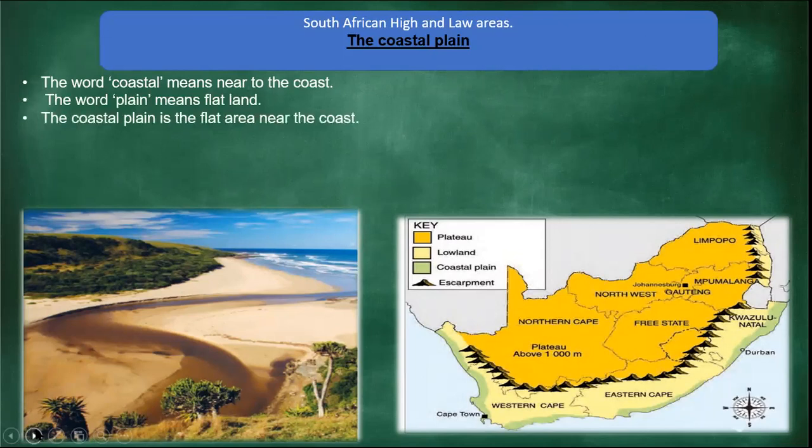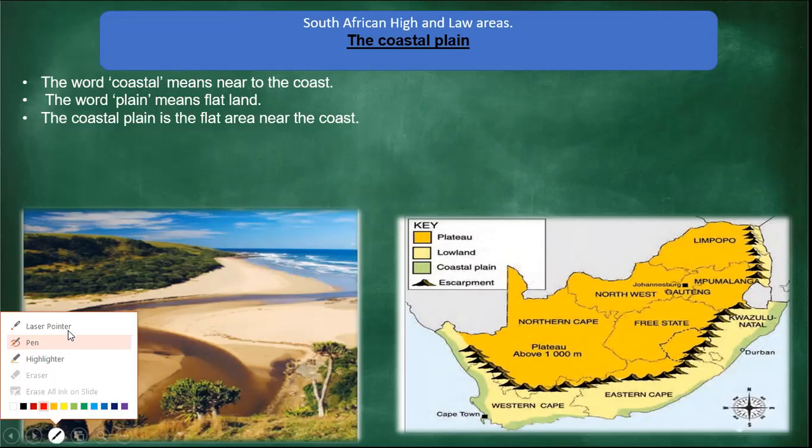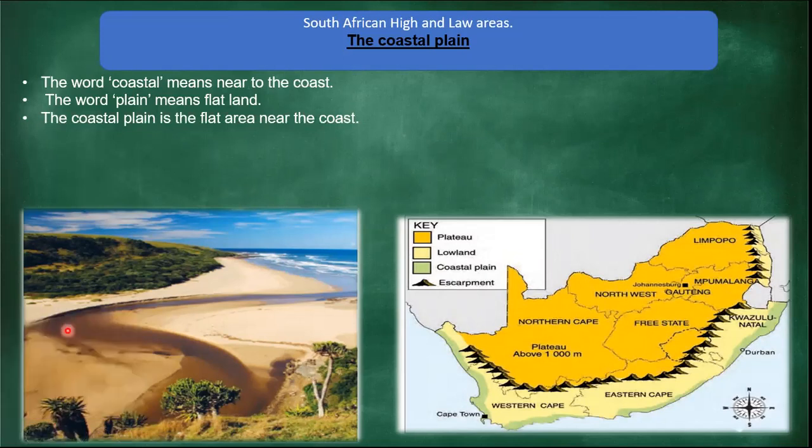The coastal plain is the flat area near the coast. Let me put a pointer so you can see properly. This is the coast. This is water.